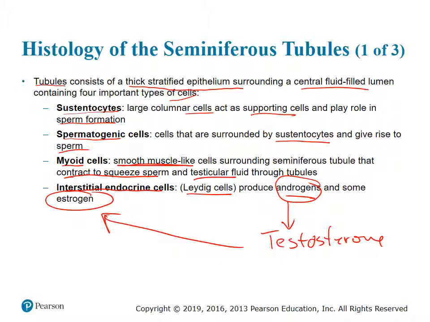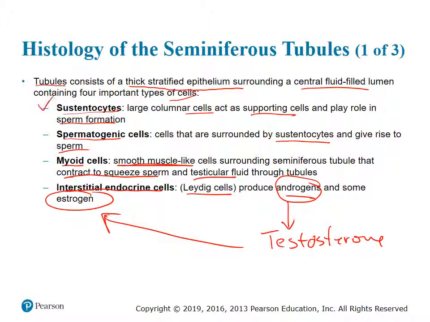We think that males only produce testosterone and women only produce estrogen. Again, talking about similarities is to remind you that we're very similar. We males also produce estrogen, believe it or not, and females also produce testosterone, just not in big numbers. So it's different if you're male versus female.